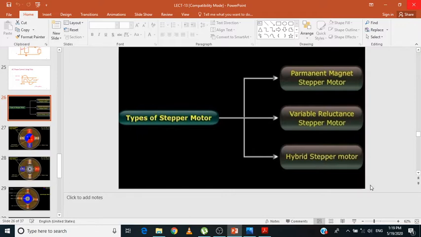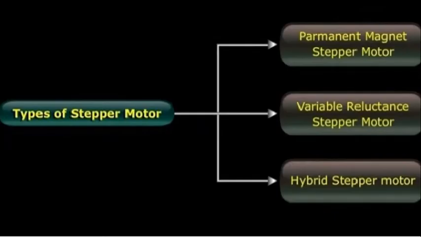We have the rotors and the stators, which we are going to see as we move on. Depending on the construction of the rotor, there are three different types of stepper motors.